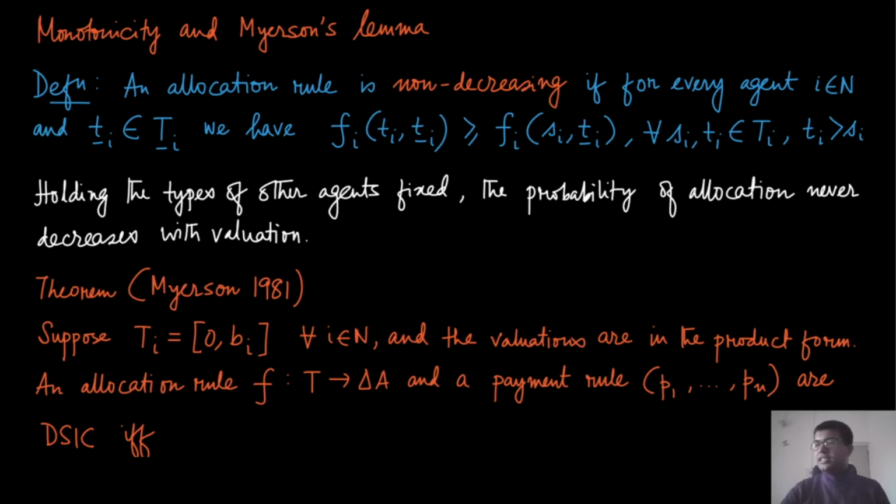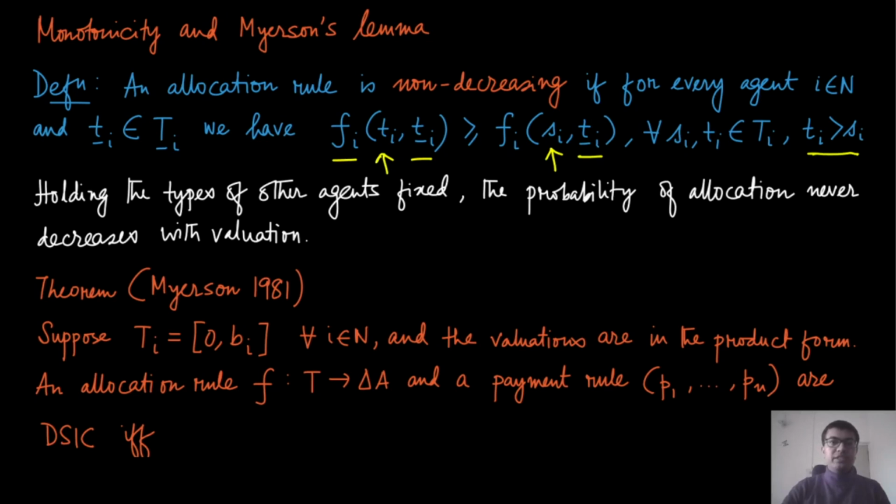So suppose player i had two types, s_i and t_i, where t_i is strictly greater than s_i. Then the allocation probability of player i when player i's type is t_i, and the other players are always holding on to the same type profile, will be non-decreasing. That is the whole idea of the allocation rule being non-decreasing.